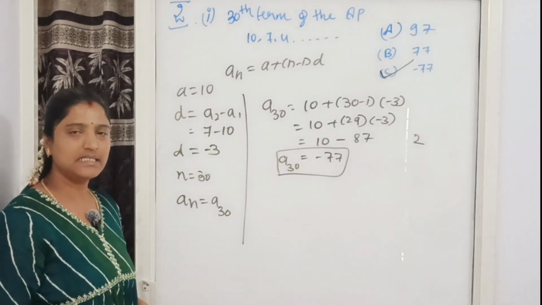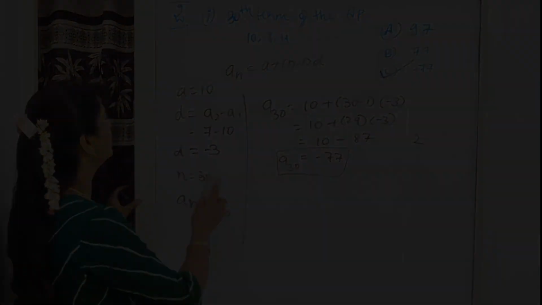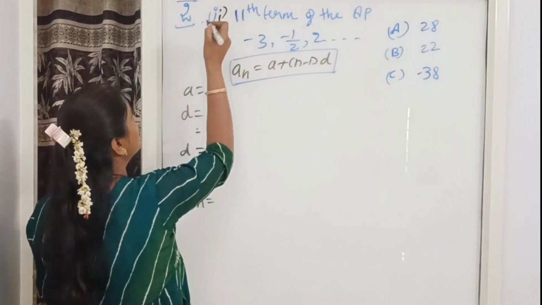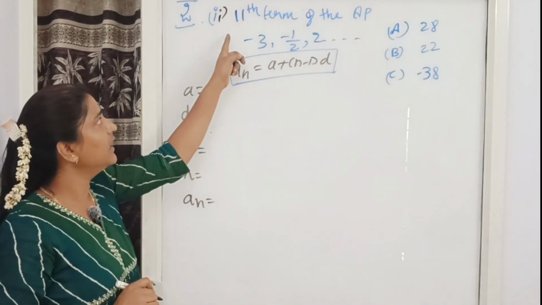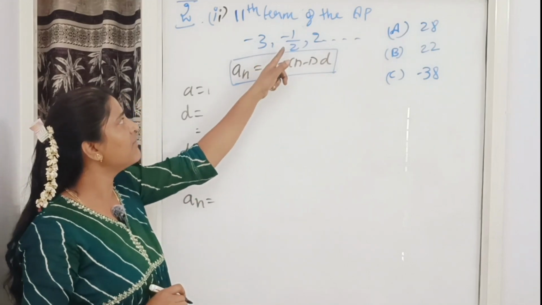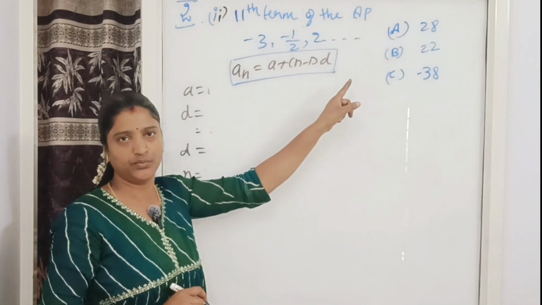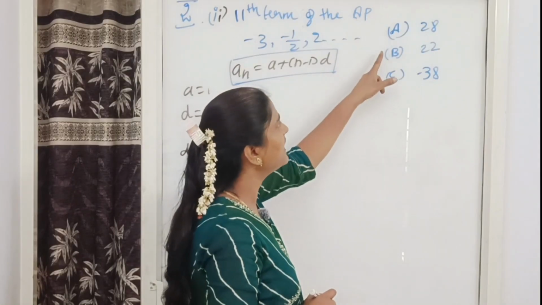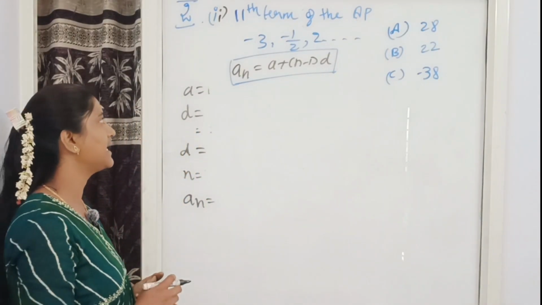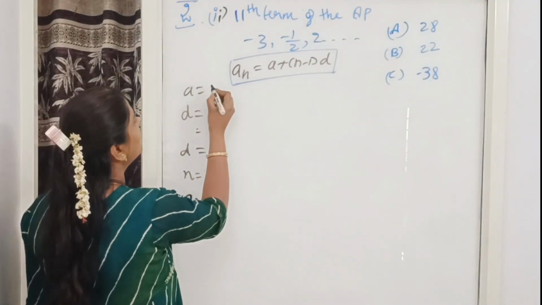Okay. Let us see the second sub question under this. Find the 11th term of an AP. The AP is minus 3, minus 1 by 2, 2. And the options they gave are option A, B, C. We need to find and choose which one is correct. What is a in the given AP?